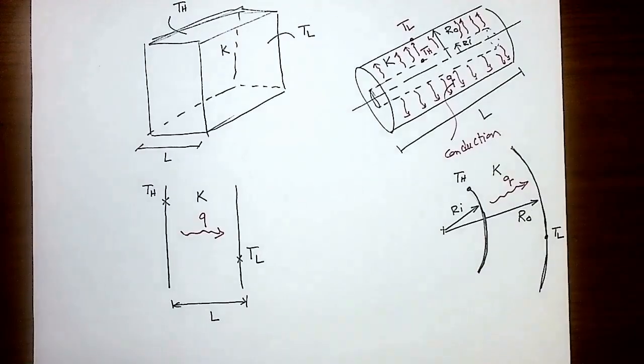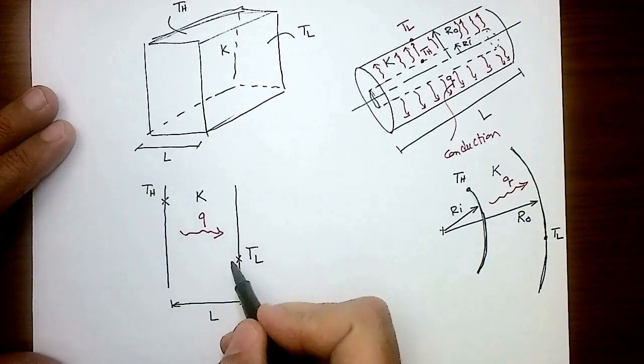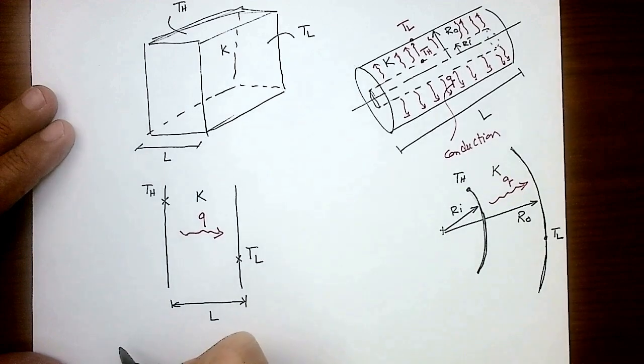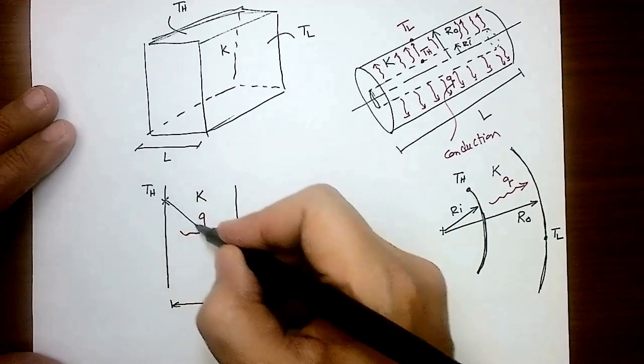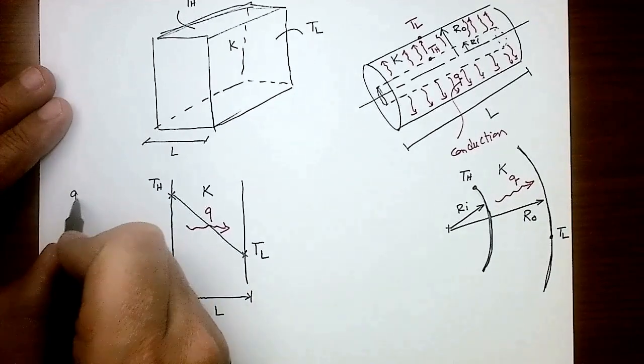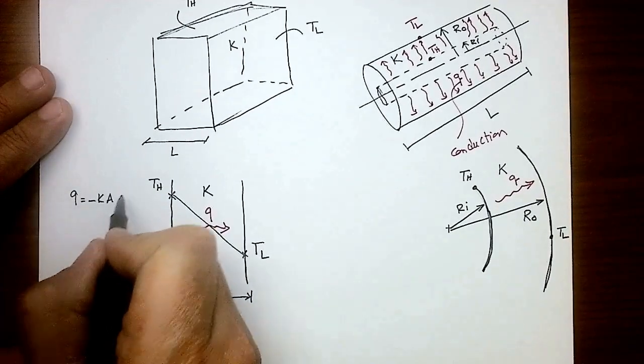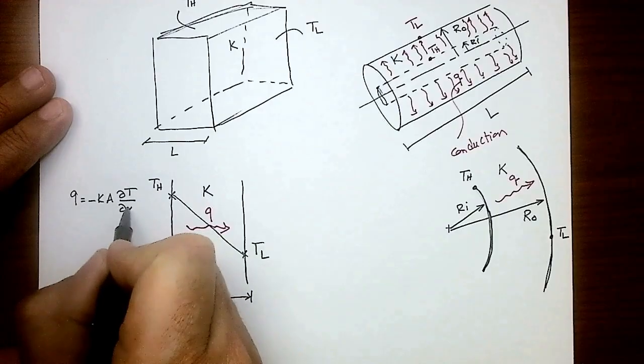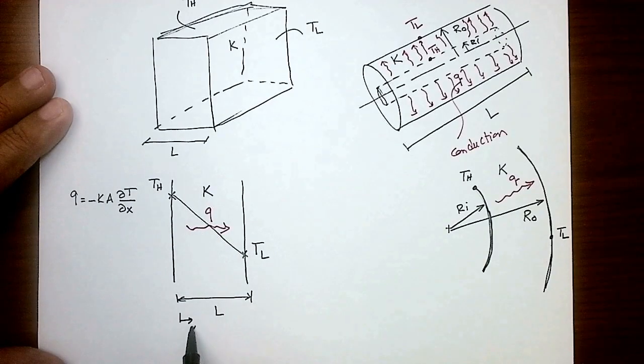In the simplest form, we were able to assume the temperature changed linearly here, and we write Fourier's law, right? So the governing equation was originally what? Q is equal to minus K A partial T by partial X, where X is this direction here.